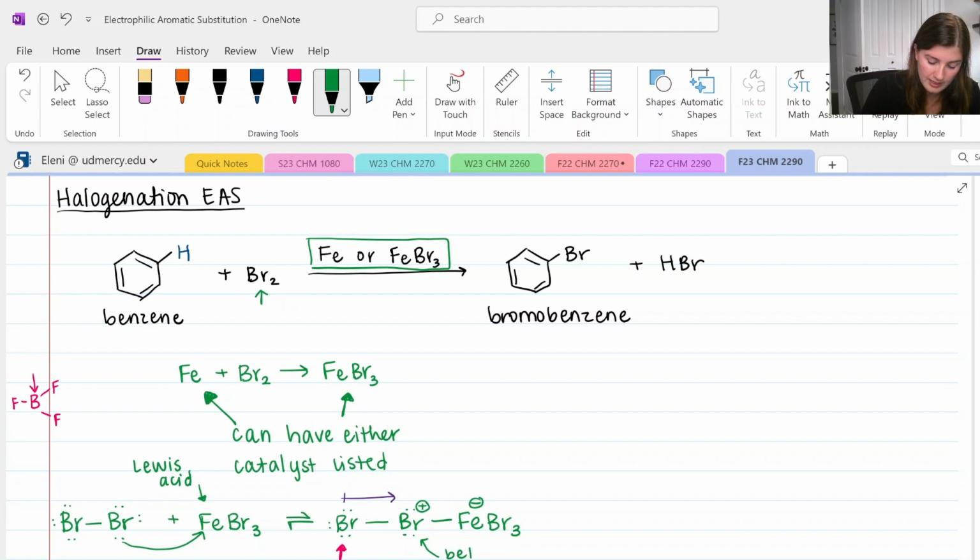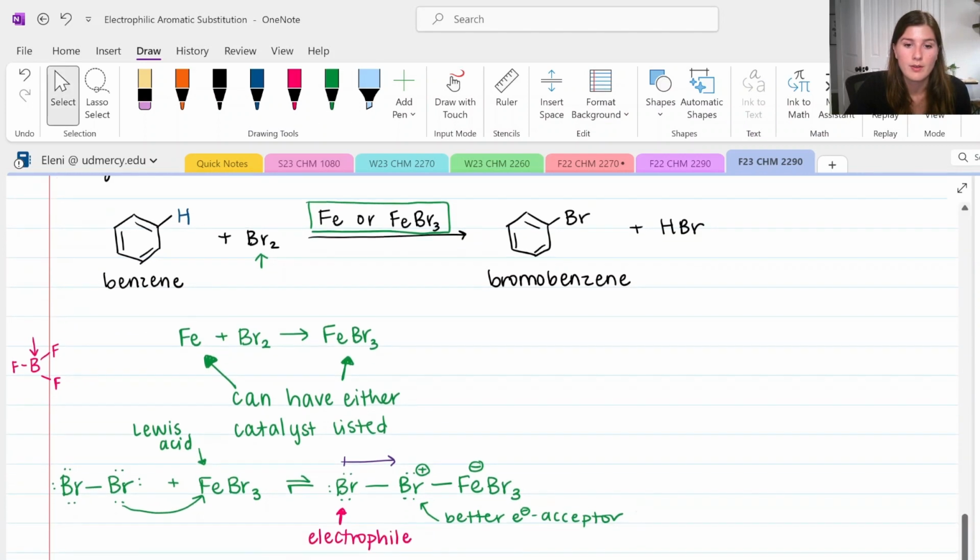This bromine here is now a better electron acceptor. Here we go. So when this large bromine molecule reacts with a benzene ring, you'll see that the positively charged bromine accepts electrons, and that's favorable since it's positively charged. All right, so now let's do the full mechanism, starting with benzene, using this catalyst, and ending up with bromobenzene.